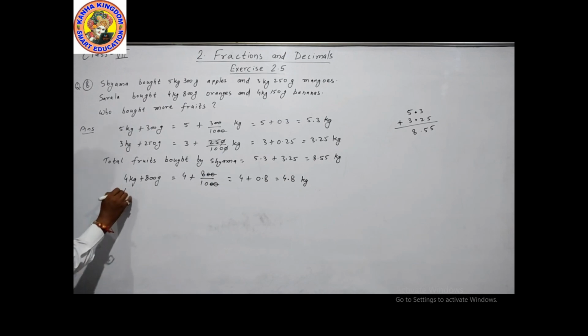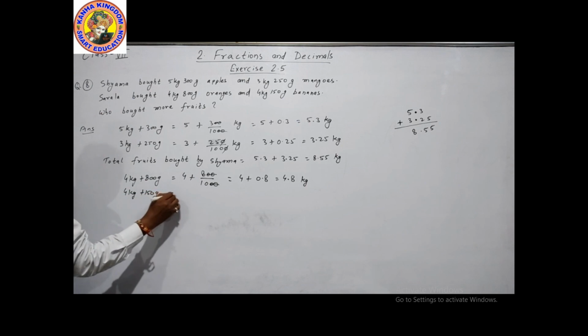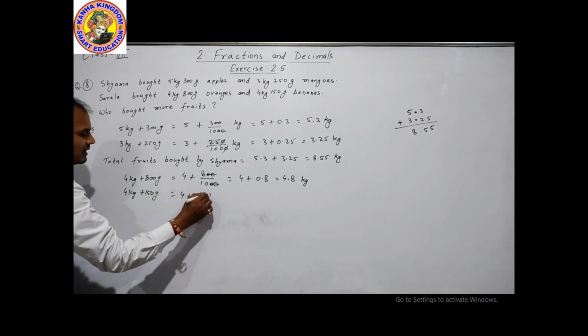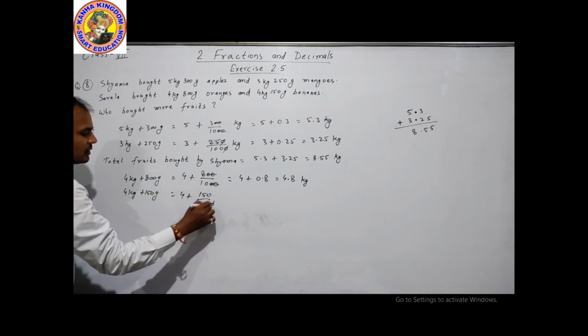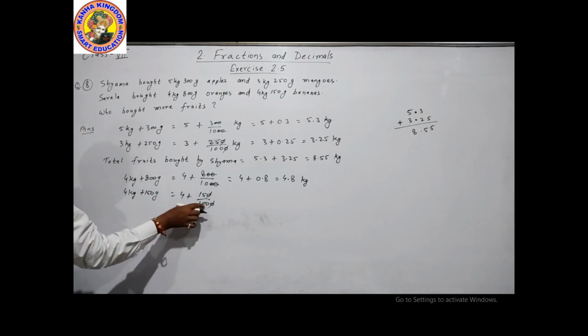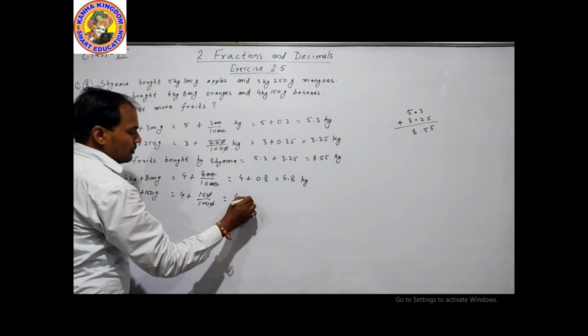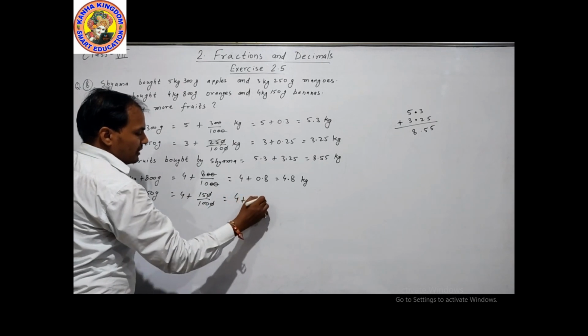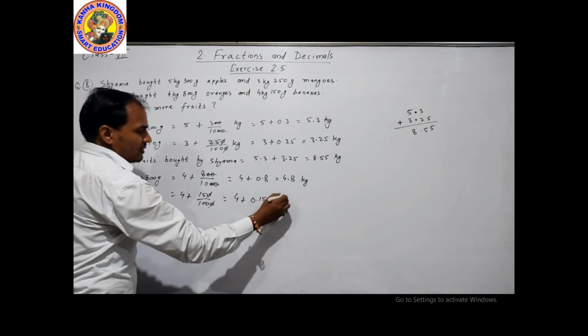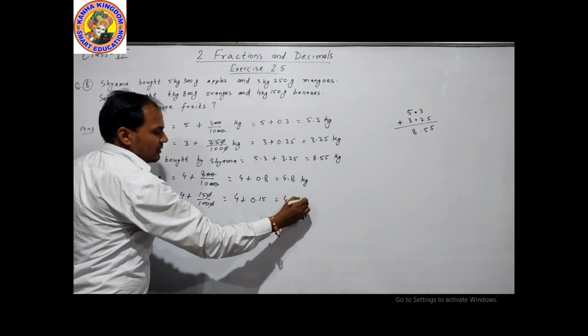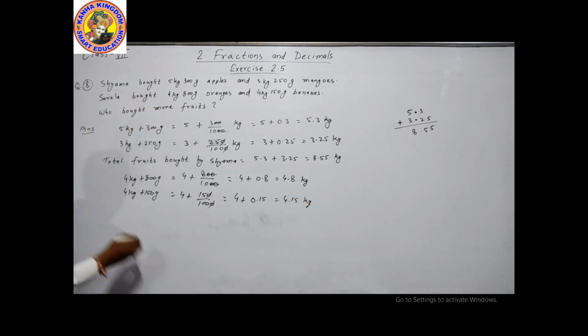Another is 4 kg plus 150 gram. 4 plus 150 divided by 1000. 10 and 10 can cut. By 20, 2 decimal points appear. 4 plus 0.15 is 4.15 kg.